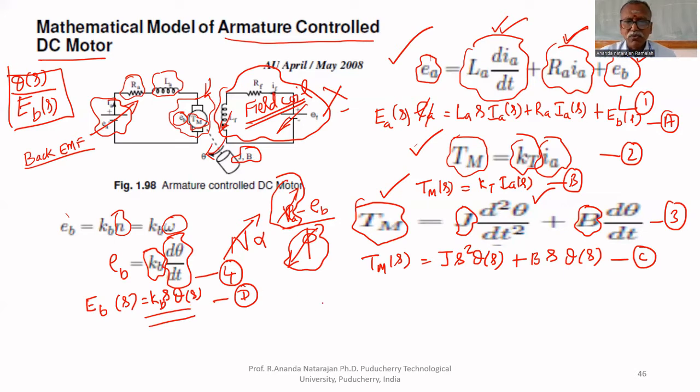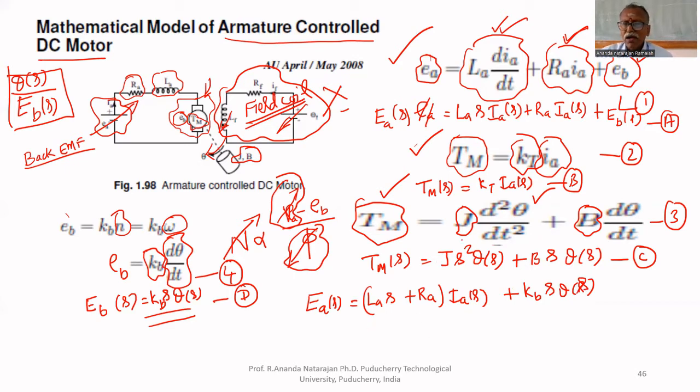So we can write now EA of S equals LAS plus RA multiplied by IA of S plus KBS theta of S. Why? Because D says EB equals KBS theta of S. That's why we wrote KBS theta of S here.